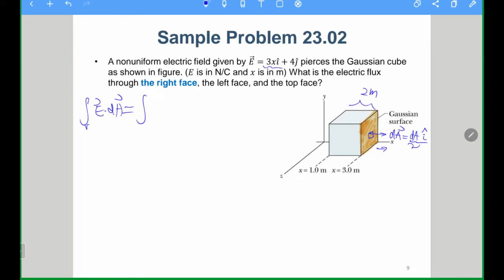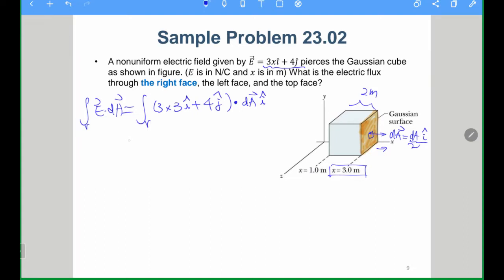E would be 3x i plus 4j, and for this plane x is constantly 3, which means it should be 3 times 3 i hat plus 4 j hat, and then dotted with dA i hat, for the right face.